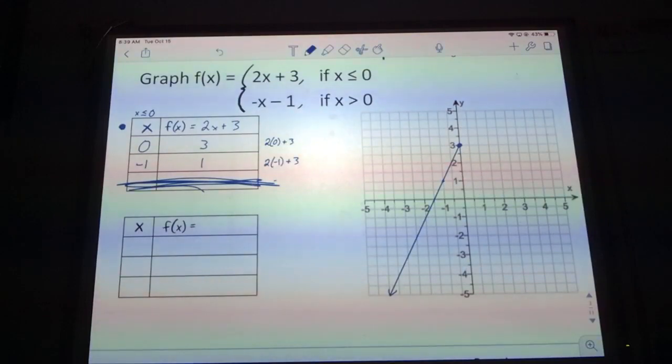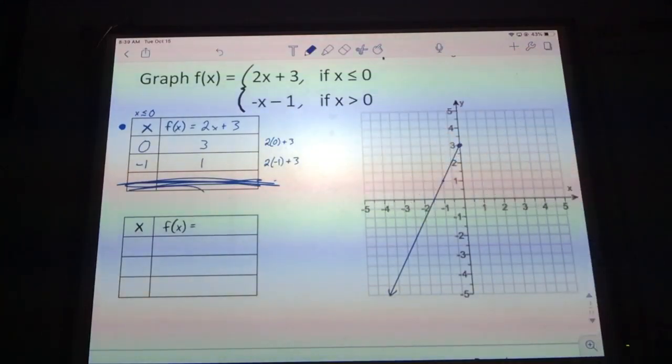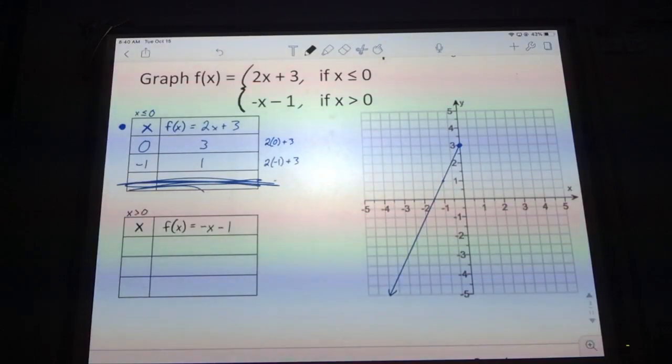Okay, the first one's always the hardest. Let's do the second side. Let's do the bottom half exactly the same way. Okay, so let's fill out every piece of information we know about that bottom line. So we know f of x is -x minus 1. We know our domain, which is what it's called, is x is greater than 0.